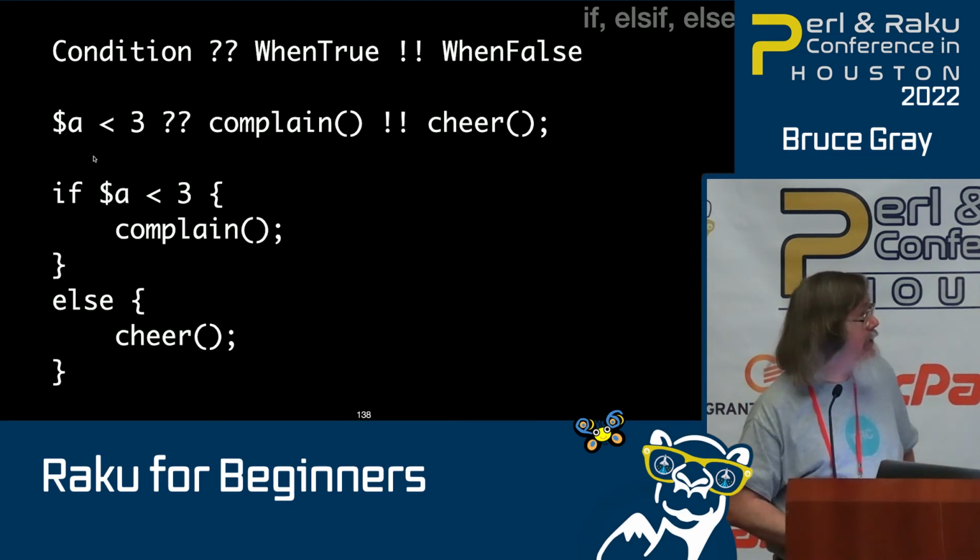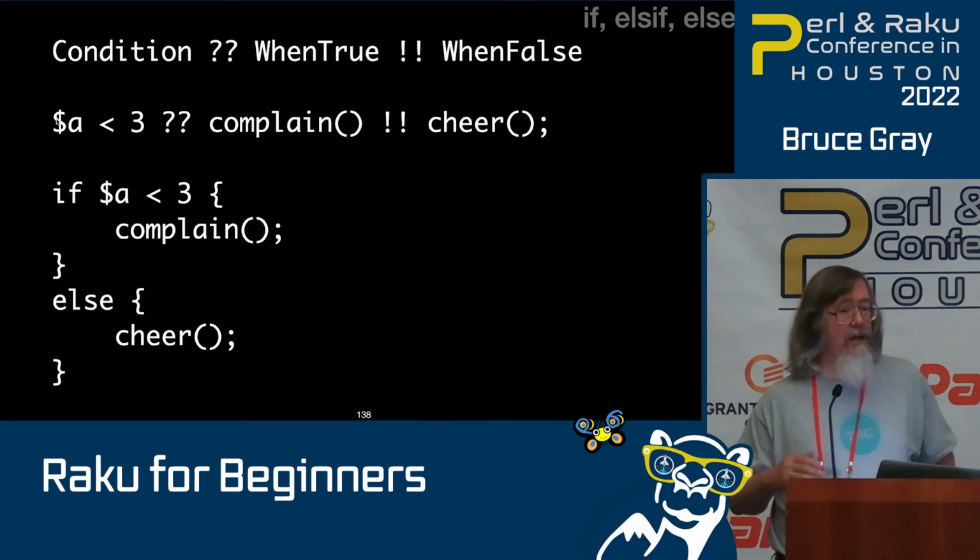So this is the general form of a ternary. Some Boolean condition that gets evaluated, double questions, something that'll happen if that was true, double bangs, the thing that will happen if it's false. We try not to use it like this, even though you can, and I have seen this kind of thing in production code.